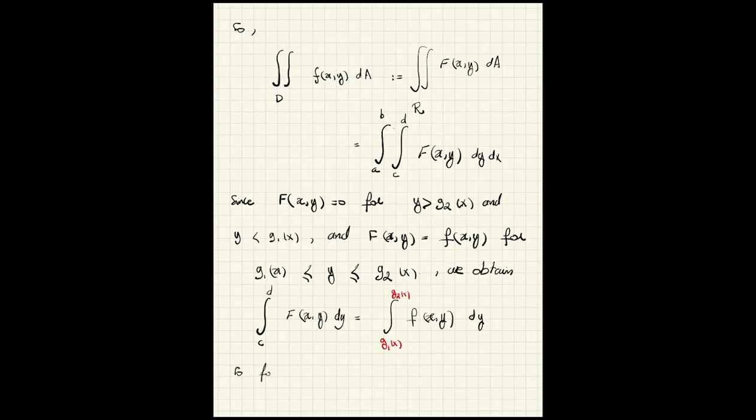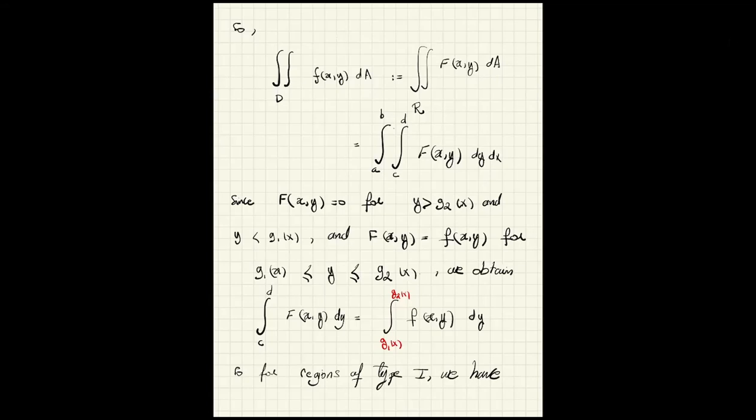So for regions of type 1, for this kind of regions, it should be AB then CD.